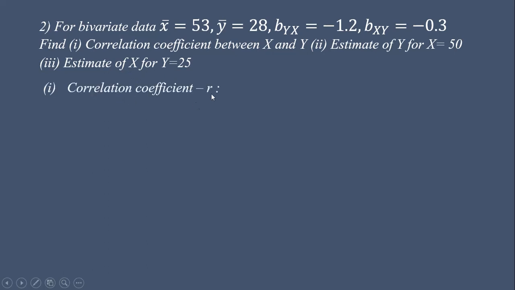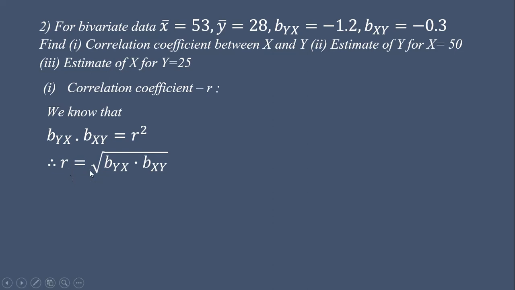First, the correlation coefficient r. Now here byx is given, bxy is given. Byx is negative, bxy is negative. So the first thing is that the correlation coefficient r is also negative. Now this property we know: byx into bxy is equal to r square. So using this property, we have the formula r is equal to square root of byx into bxy.